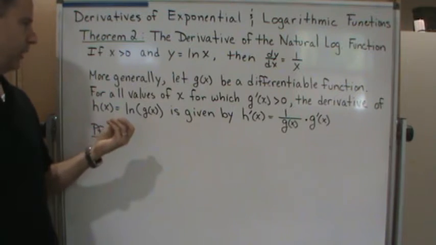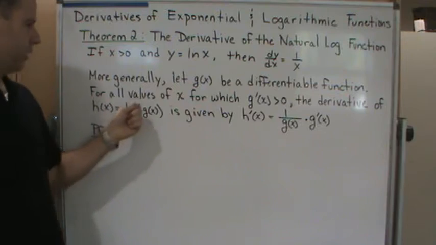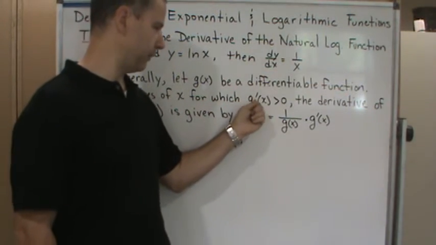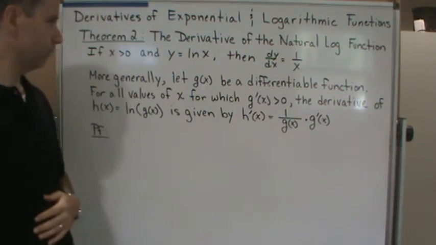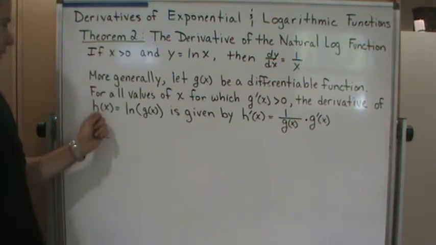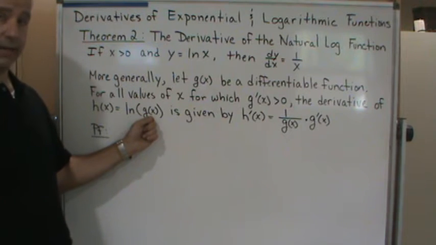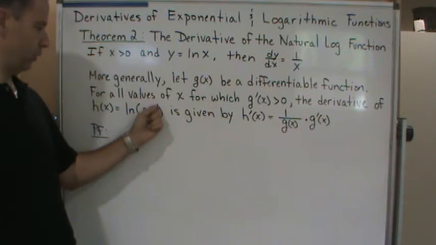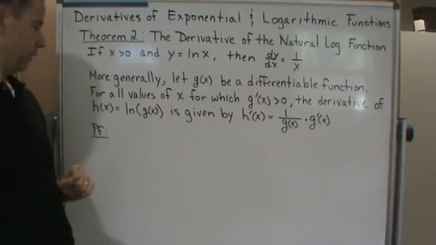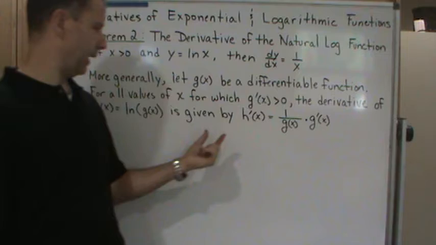It says more generally, let g of x be a differentiable function for all values of x for which g of x is greater than 0. The derivative of h of x equal to the natural log of g of x, so now we're going to put a more general function of x in here, is given by this.